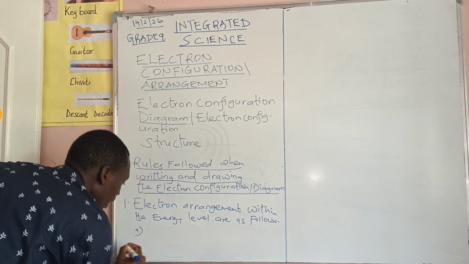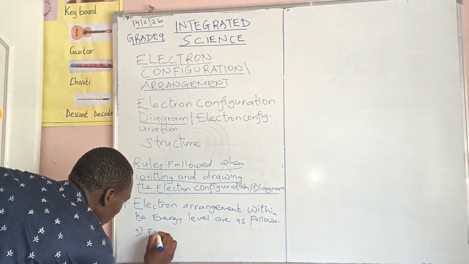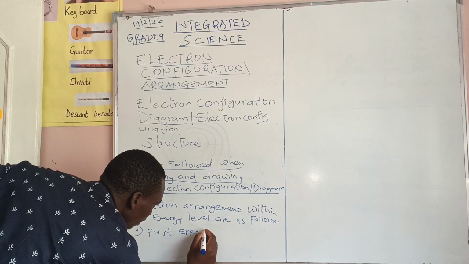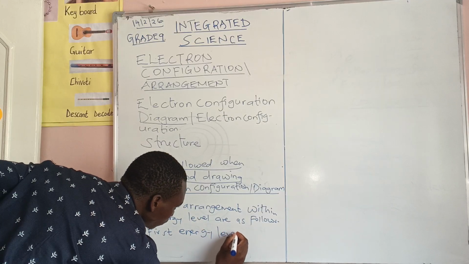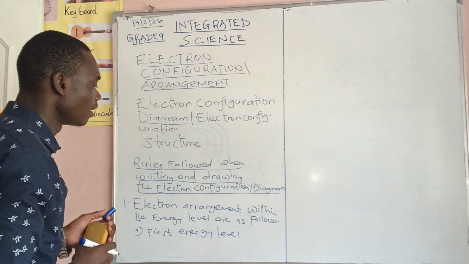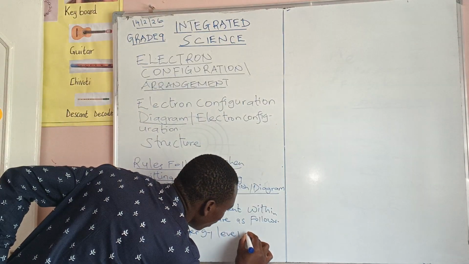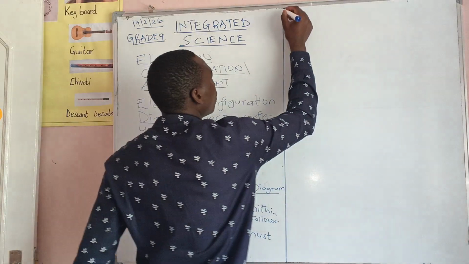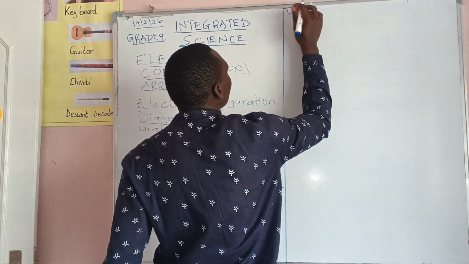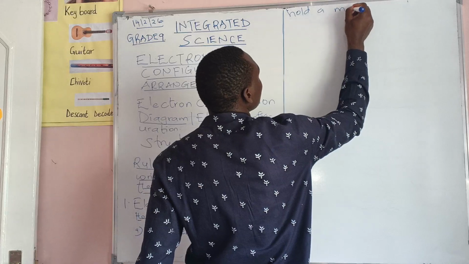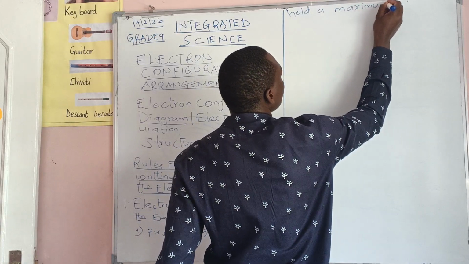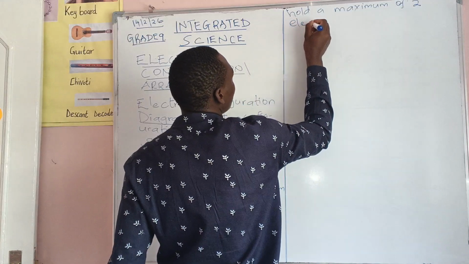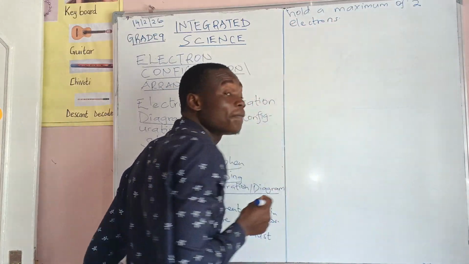That the first energy level must hold a maximum of 2 electrons. That is the first rule.